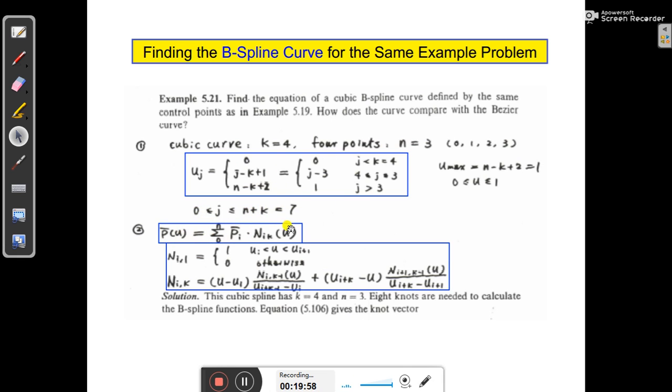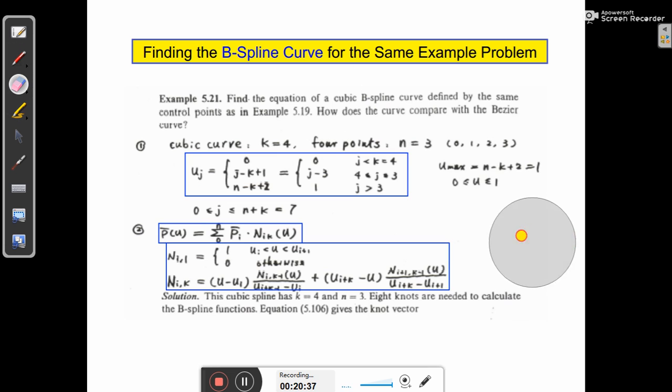So this is the original equation for the B-spline curve, where we need to find the functions N_i,k. Thus this cubic spline has k equal to 4 and n equal to 3. We need 8 knots to calculate the B-spline curve. Why 8 knots? Because initially there will be 4 knots, then 3 knots in the upper part, then 1 knot.